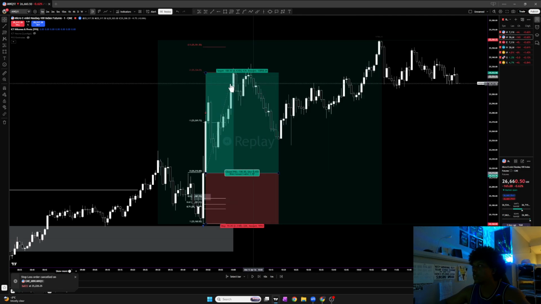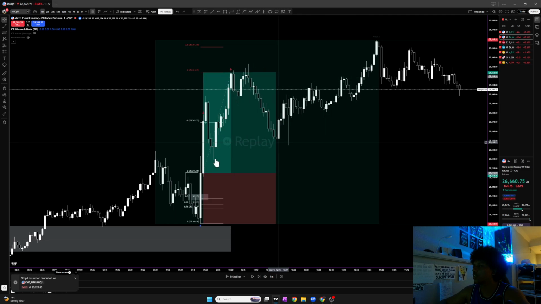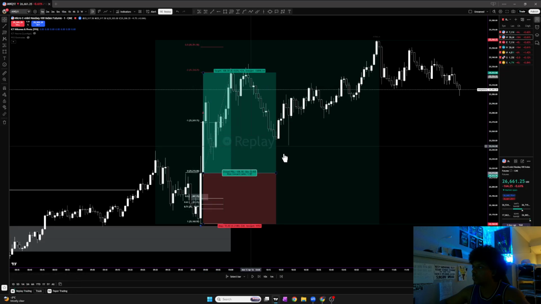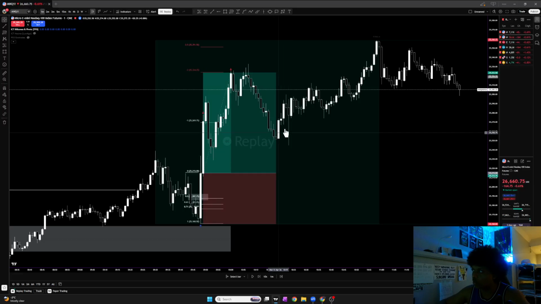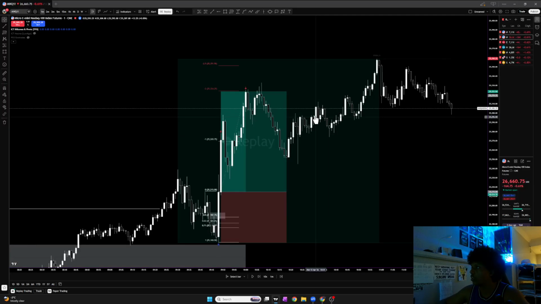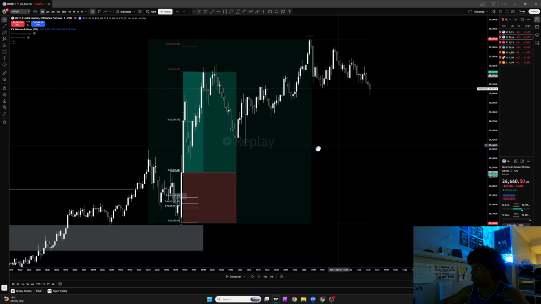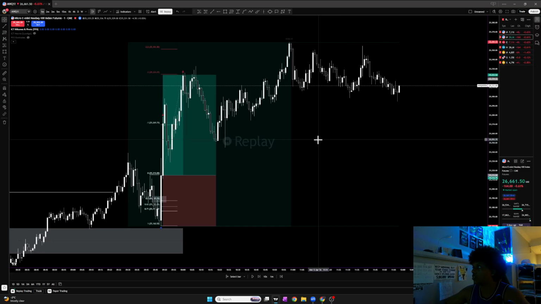Look at the price. What is it doing? Literally a pullback, at least to the 50% of this range. And then, as you can see, we have a fair value gap right here, a single candle inversion right here, plus a market structure shift. If you are lucky enough, if you kept your stop loss below this low, then you're almost there. There it is.